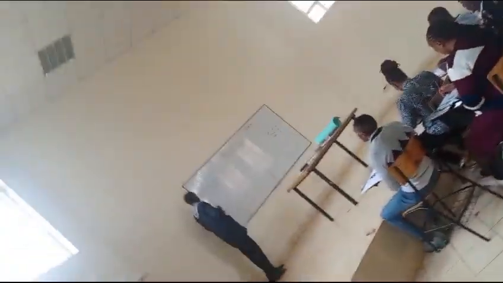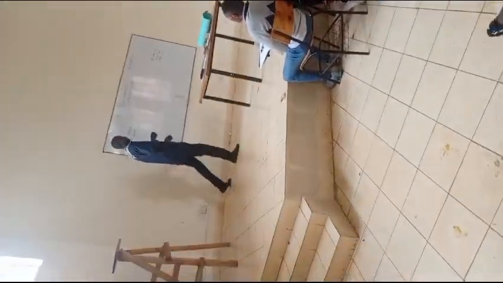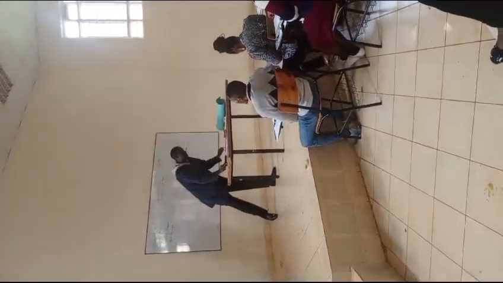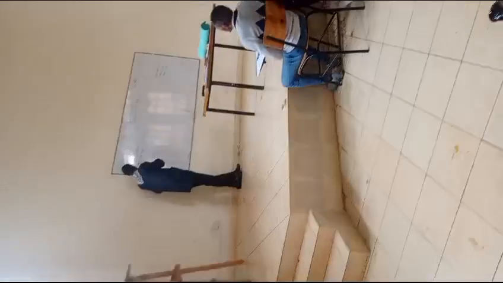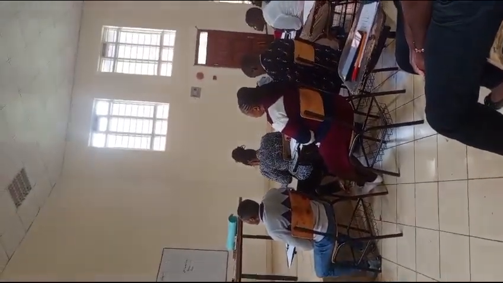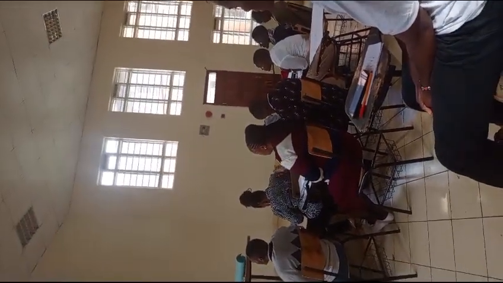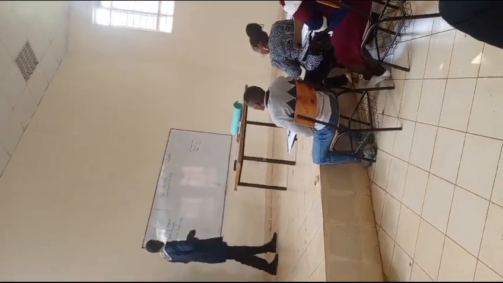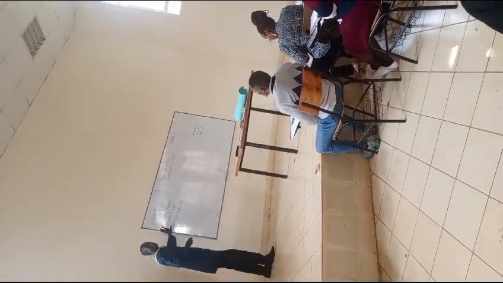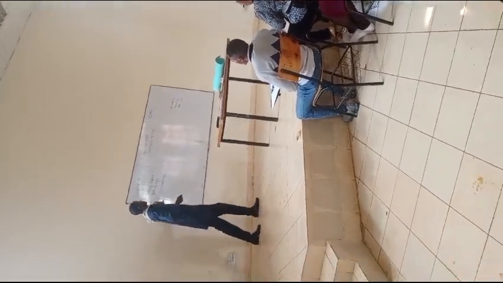Then the second outcome is that you are able to bisect different angles. Are we together? So these will be our two outcomes today as far as our lesson is concerned.